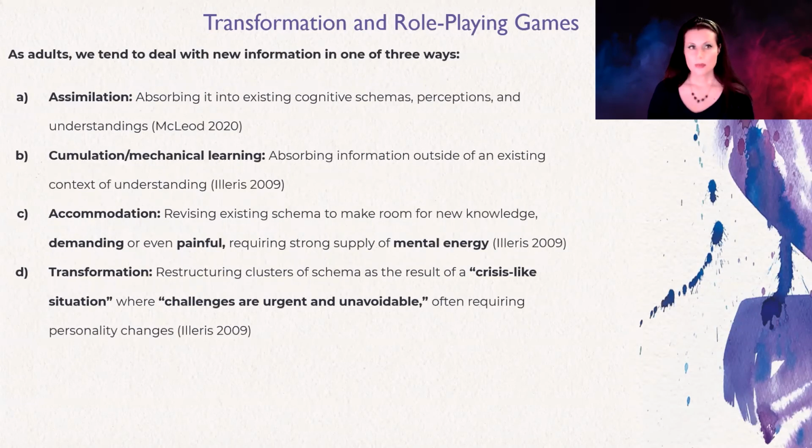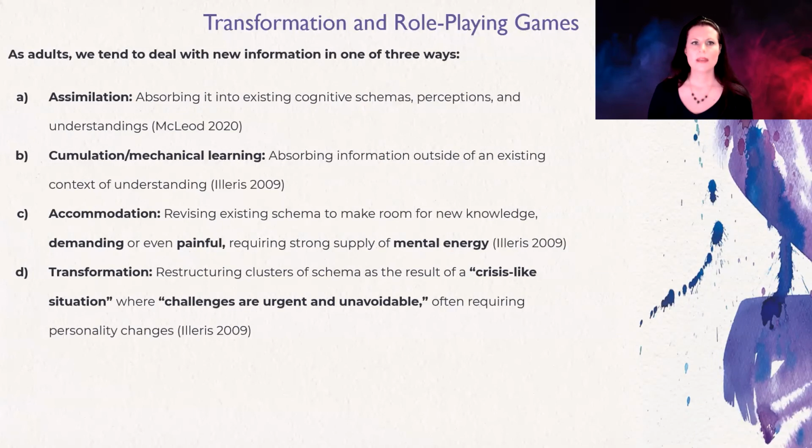So as adults, we have to learn how to deal with this new information. And the reason I'm talking about adulthood here is we're mostly talking about transformation for either adolescents or young adults or full adults. Now, of course, transformative role-playing games can be run for people of all ages, but we're really looking at adult learning here because that's where the identity becomes pretty solid. In adolescence, there's a lot of experimentation with it, but in early adulthood and later adulthood, it becomes stronger.